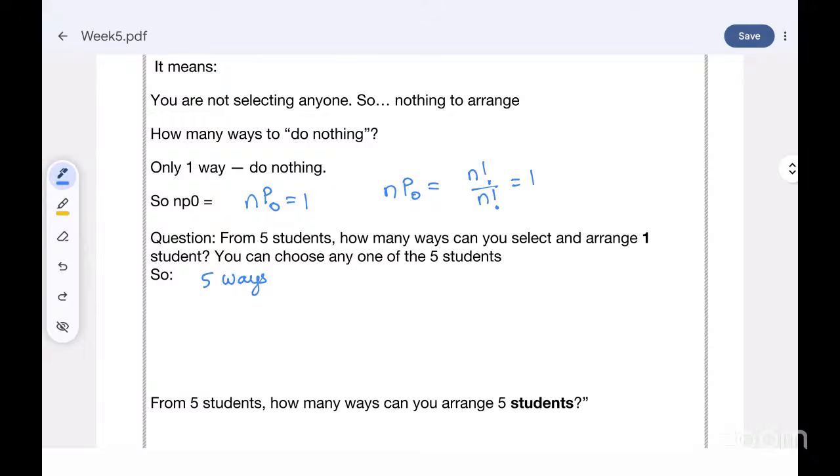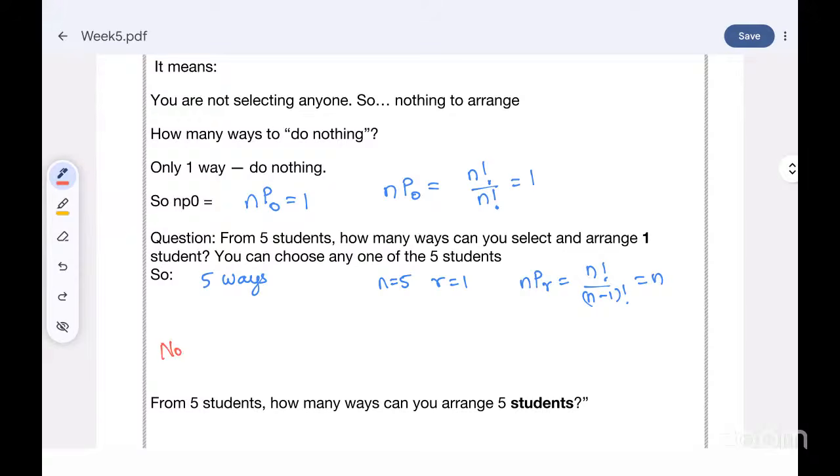And your r is 1. So your nPr is n factorial divided by (n minus r) factorial, here 5 factorial divided by (5 minus 1) factorial, which is 5.